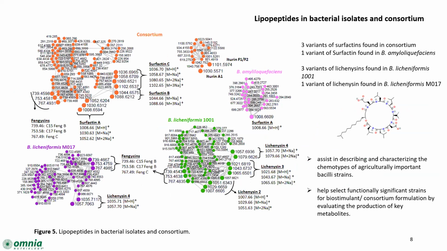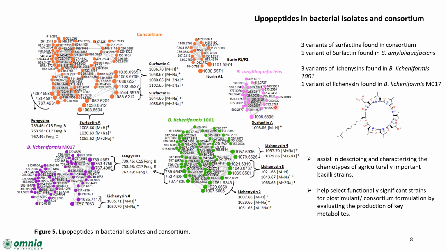So this figure over here shows the sub-networks that were extracted from the large feature-based molecular networks of the consortium, as well as the individual Bacillus isolates. And there were 4 lipopeptides that I was able to identify, and this includes the surfactins, fengycins, iturins, as well as lichenysins.